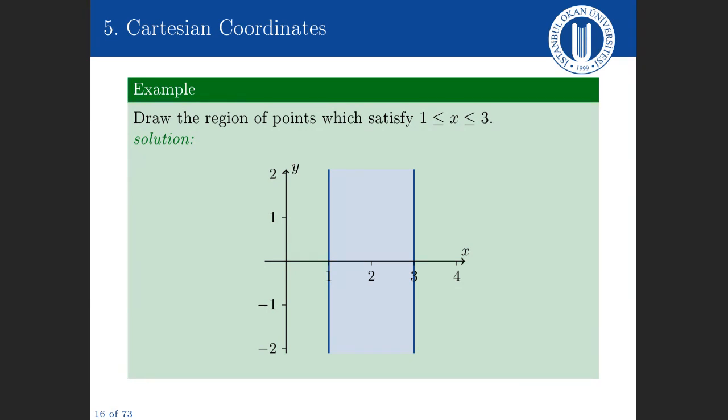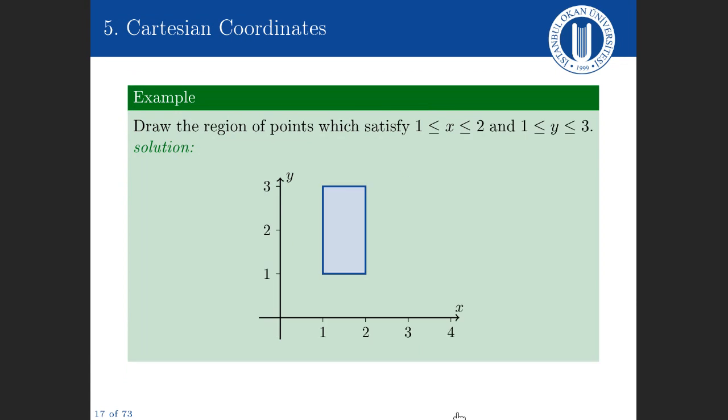Look at the right side. Let's look at x equal to 3. This is another vertical line. Y can be any number, but x must be equal to 3. We have this vertical line just here. So the set of points that we asked for, x between 1 and 3, y can be any number. It must be this vertical strip which goes all of the way down to minus infinity and goes all of the way up to infinity.